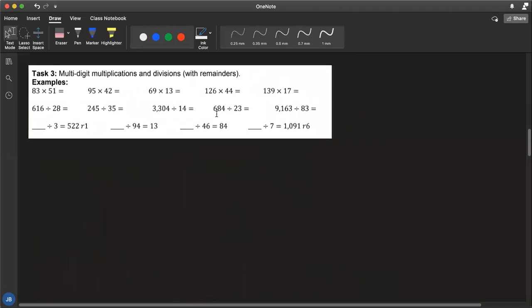Now we're gonna work on some multi-digit multiplication and division with remainders. So, let's see. Cole, would you mind doing this first one for us right here? Can you hear me? I can hear you, yes.